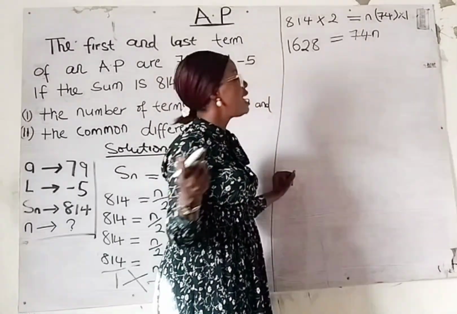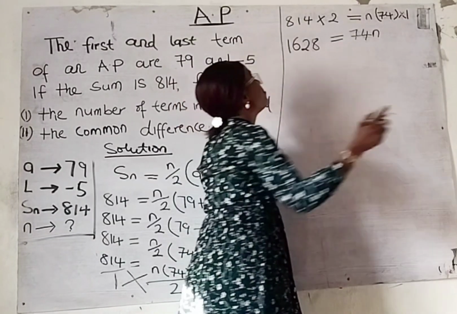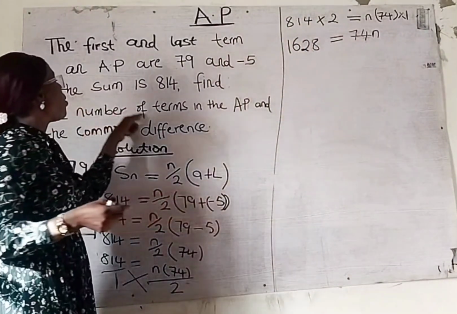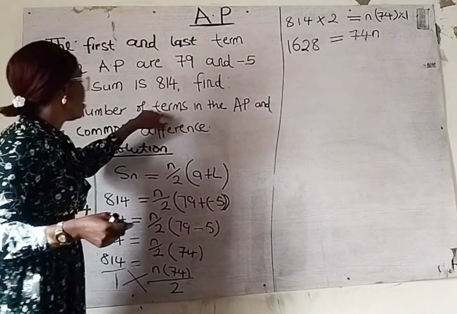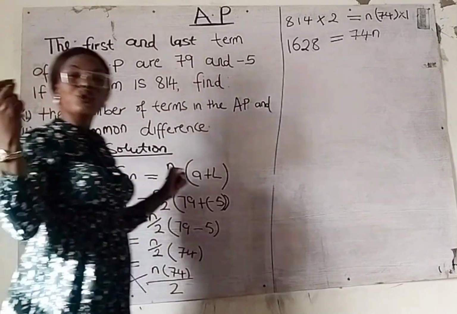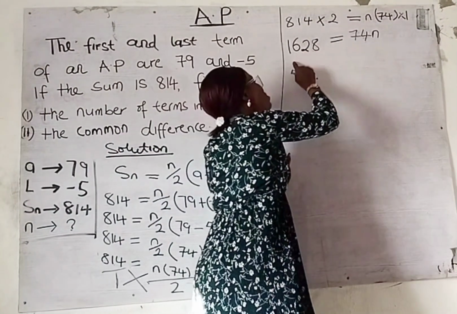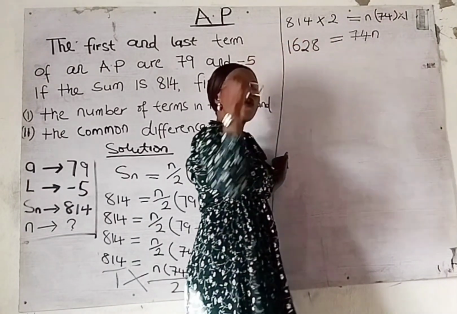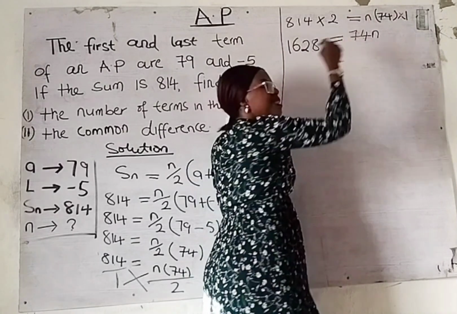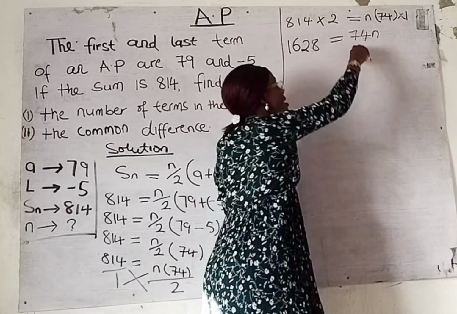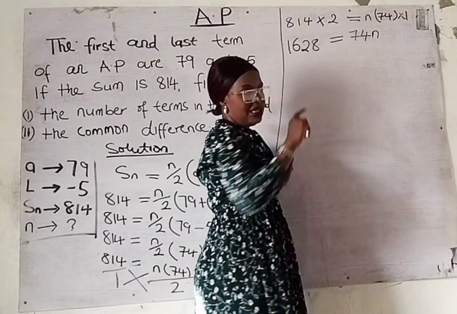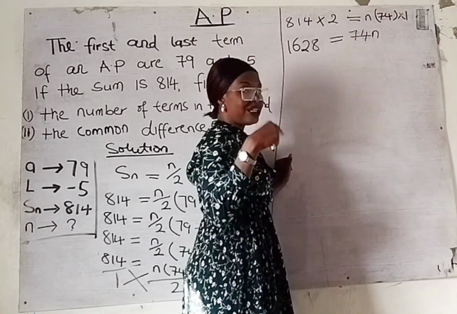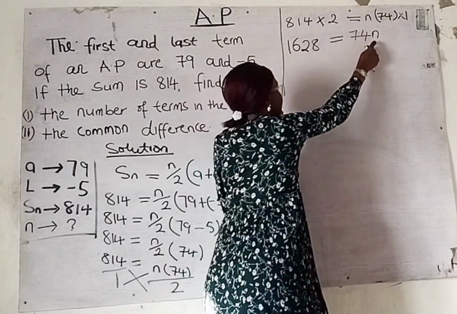As I always say, because we are looking for the value of n, which represents the number of terms in this AP, which is the first question, we will divide these two sides of this equation by the coefficient of n, which means the number with n, so that n can stand alone, so that you can know the actual value of n.